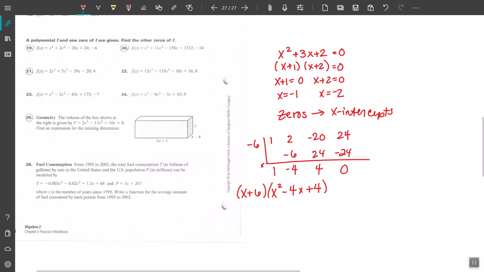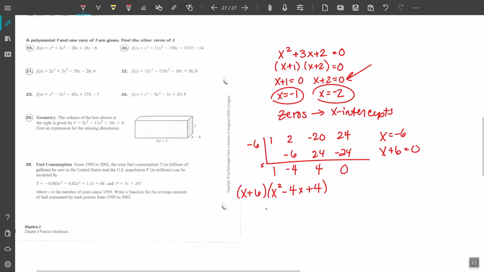They told us the 0 was -6, which means x equals -6. That's like up here, if you had gone through and solved, you would get x equals -6. Well, if x equals -6, that means that if I want to go backwards and put this step back into the factored form, this would be x plus 6 equals 0. So that's why this binomial right here has that plus sign in it.